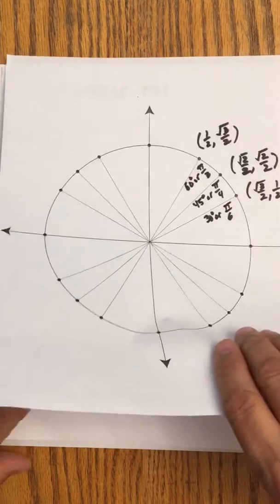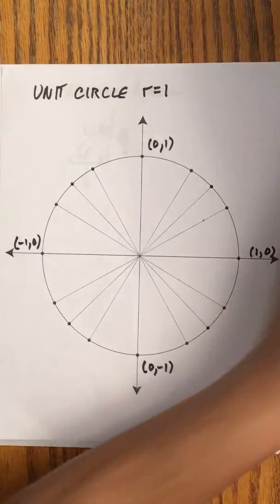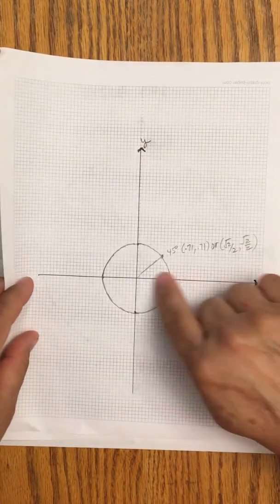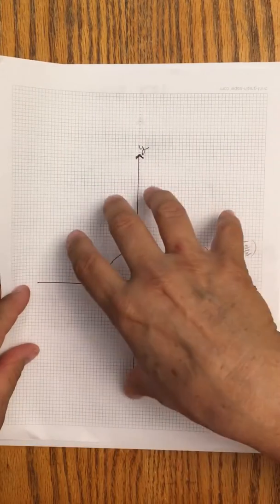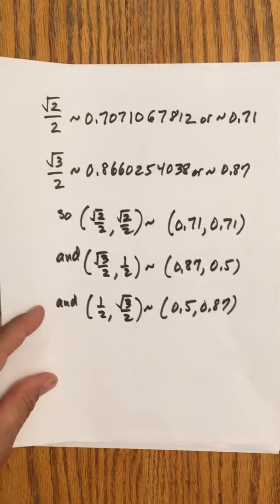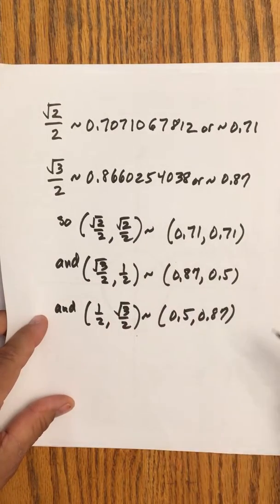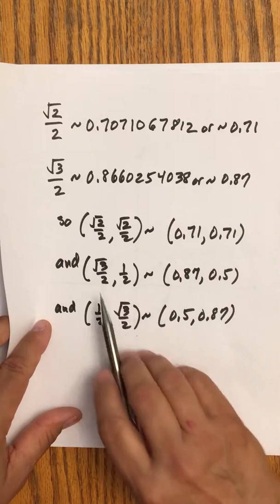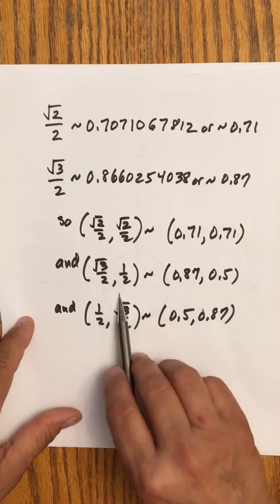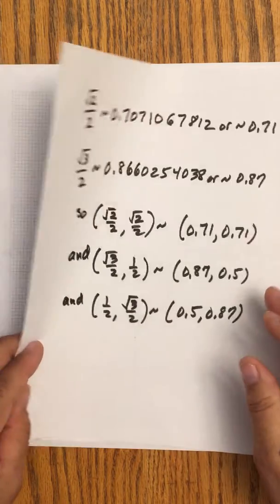And again, what I could do is superimpose a graph on here, a grid on top of my circle. The square root 3 over 2 is about 0.87 when you simplify it. And of course, a half is just 0.5. So if I were to plot square root 3 over 2 comma a half, so x, y, I'd plot 0.87 in the x and 0.5 in the y.